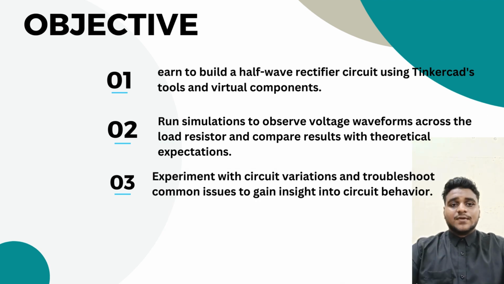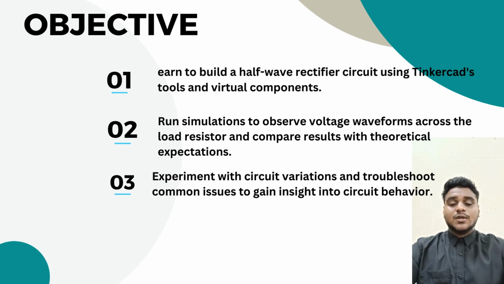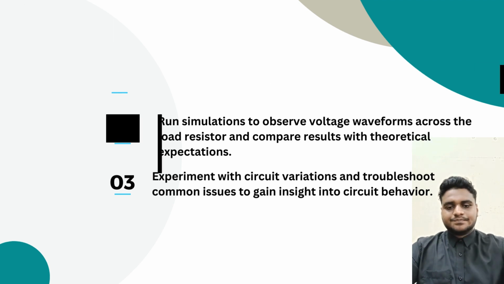For the objectives, first is to learn to build a half-wave rectifier circuit using Tinkercad tools and virtual components, second is to run the simulation to observe the voltage waveform across the load resistor and compare the result with theoretical expectations, and third is to experiment with circuit variations and troubleshoot common issues to gain insight into circuit behavior.